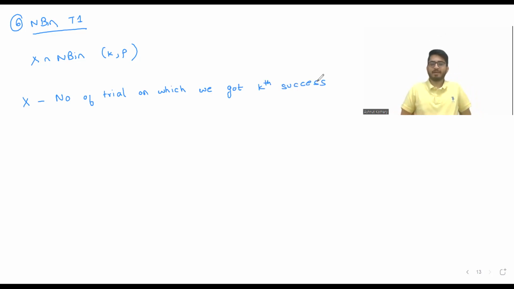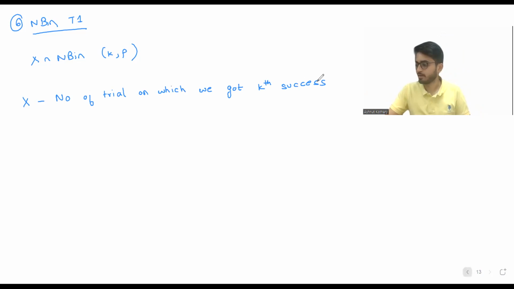So how do we define x over here? The number of the trial on which we get the kth success. In geometric, what we were looking at was the trial on which we got our first success. Here, it is the trial on which we get our kth success.